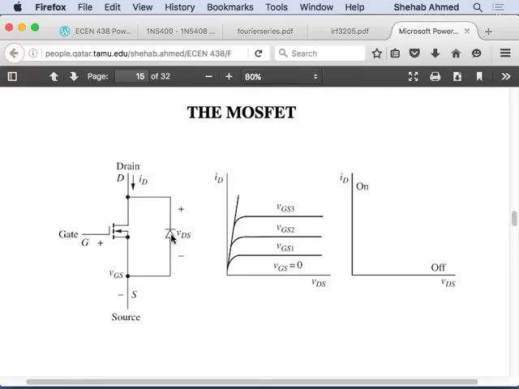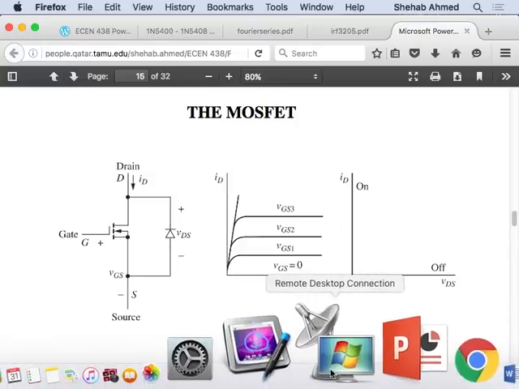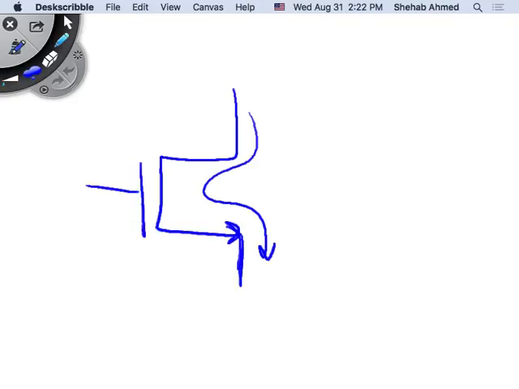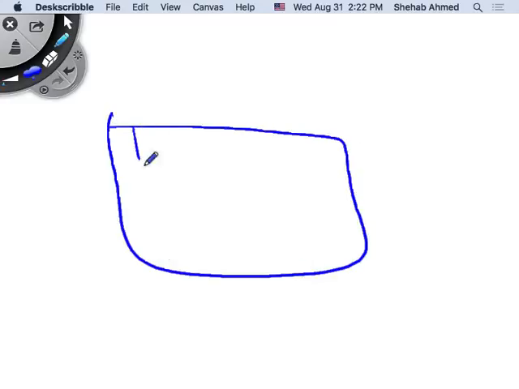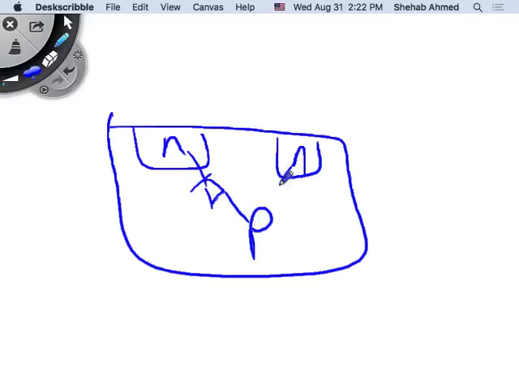So it was a device that is sort of symmetrical, but between the P substrate and the N source, you have a P here, an N here, another P, N the other side. So you have a device that looks like this, right? N P. This is a PN junction, so it's a diode. This is a PN junction, so it's a diode.